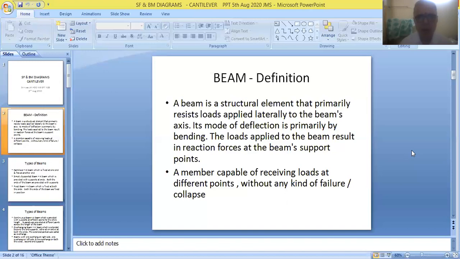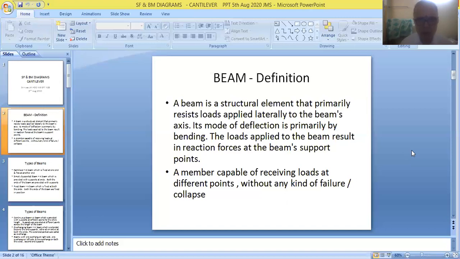So it is defined as a member which is capable of receiving loads at different points without any kind of failure or collapse. So this is the actual meaning of this definition. So it should have capacity to withstand different loads acting at different points.